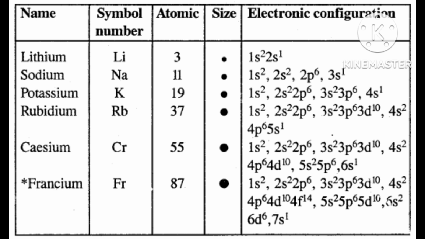Because the lithium nucleus and outermost electron are very close. Lithium is 1s2 2s1, so the electron is close to the nucleus, and hence the nucleus will not allow it to be lost easily.